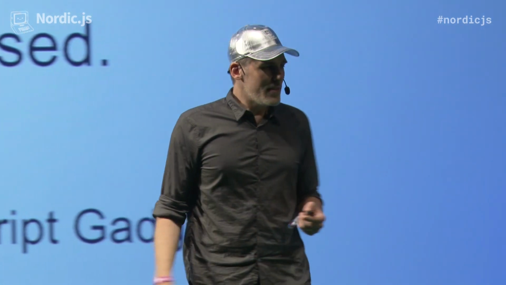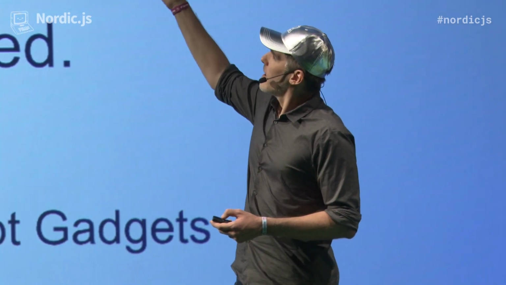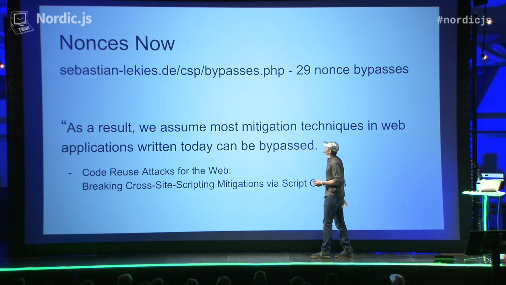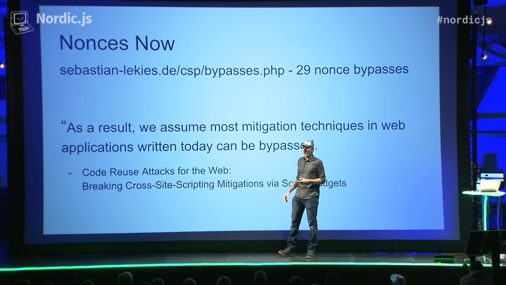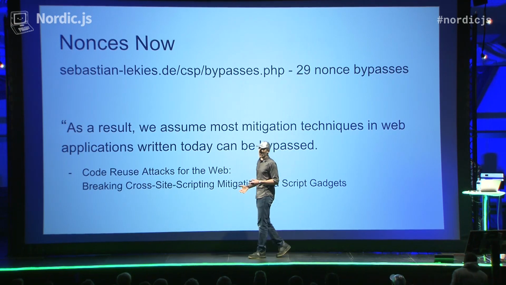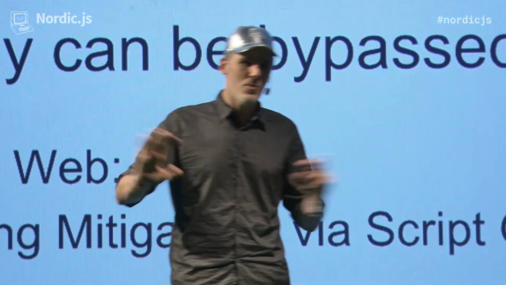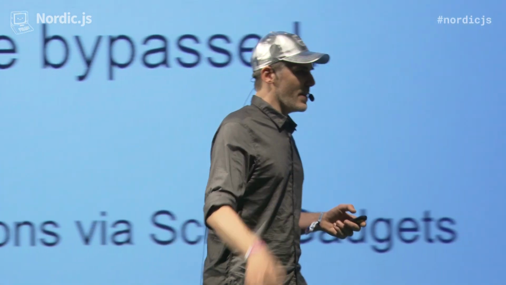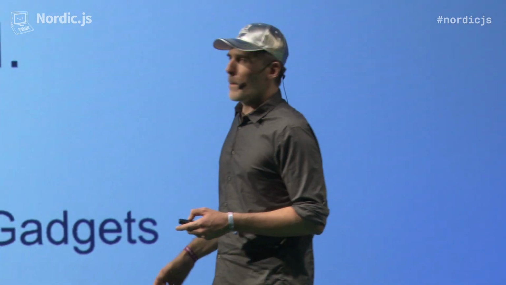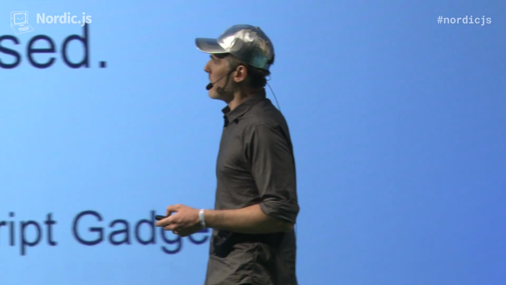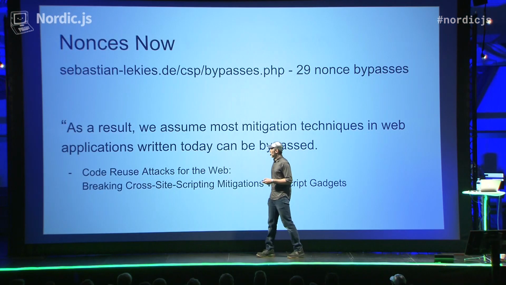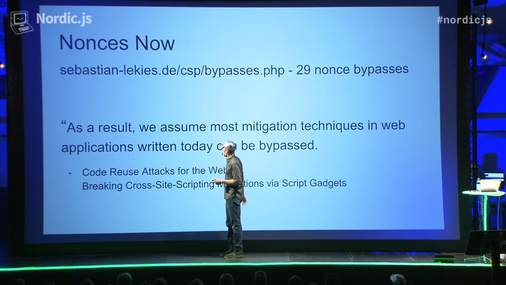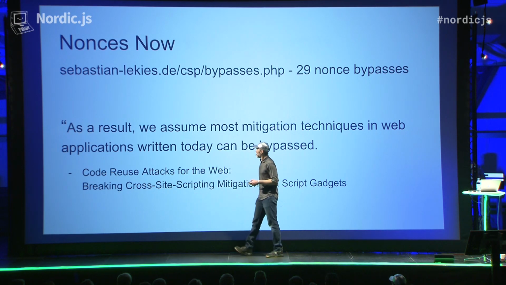So since then, Sebastian Lekies, a colleague of mine, has cataloged 29 different bypasses. Most of these were fairly application-specific, so not something that an attacker could use to bypass CSP on an arbitrary site. But then Sebastian and others did some more research and wrote the Script Gadgets paper, "Code Reuse Attacks for the Web."